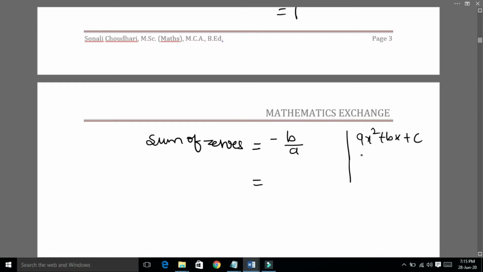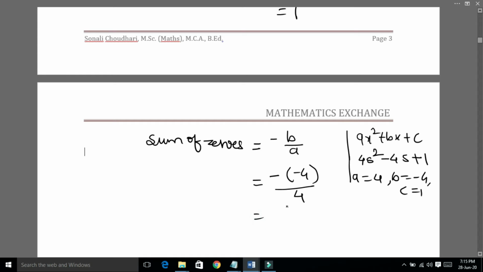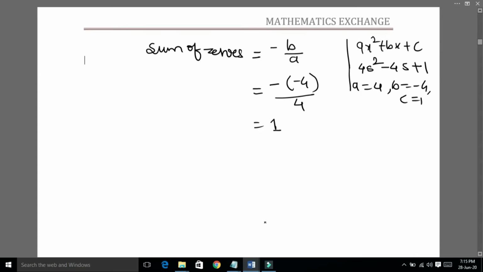So the given polynomial is 4s square minus 4s plus 1. Comparing, we get a is equal to 4, b is equal to minus 4 and c is equal to 1. Now substitute these values in the formula, so minus b is minus of minus 4 upon a is 4. So plus 4 by 4 cancels, so we get 1. So the sum of zeros in both the cases we get the same value.